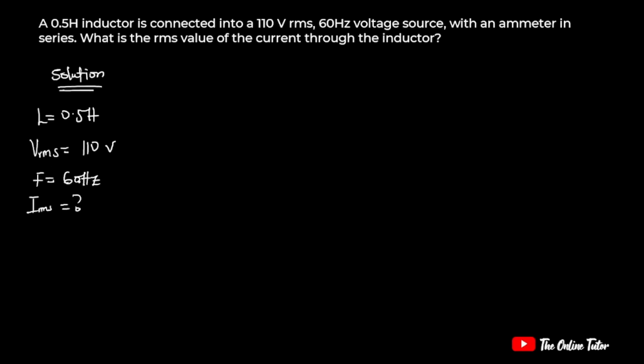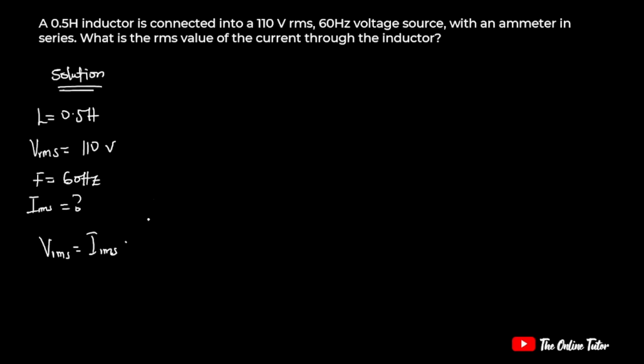Now, in an AC circuit containing an inductor, using Ohm's law, our root mean square voltage becomes our root mean square current multiplied by our resistance.